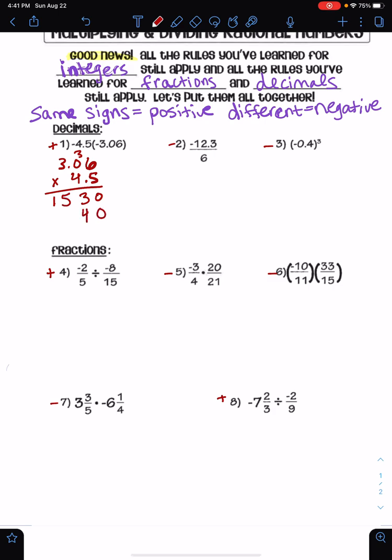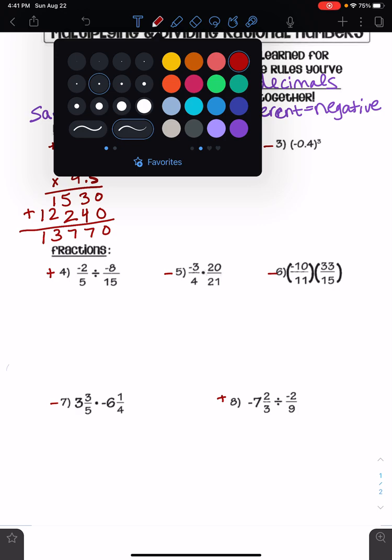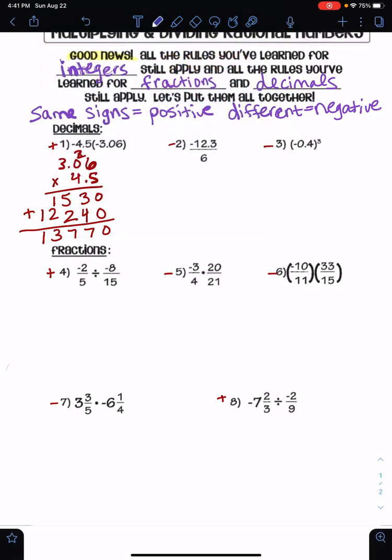We have 24, 4 times 0 is 0 plus 2, 12, add them together. And remember, how to figure out where to put the decimal in your answer depends on how many places are behind decimals in the problem. 1, 2, 3, so we're going to put it 3 places over here. So my answer is going to be positive 13.77.